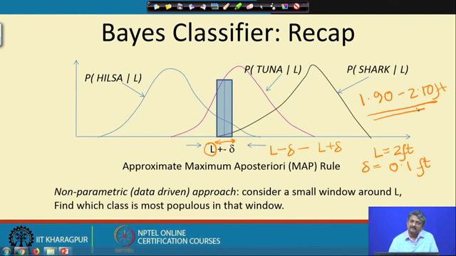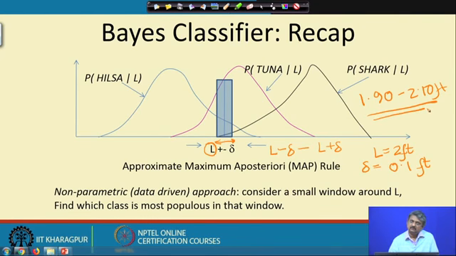What I actually want to find out is the class of a fish of length L, 2 feet. So, now how many of the Hilsa fish have a length lying in this interval?